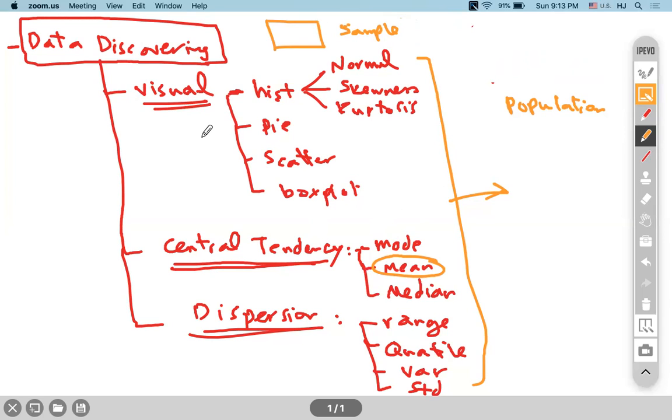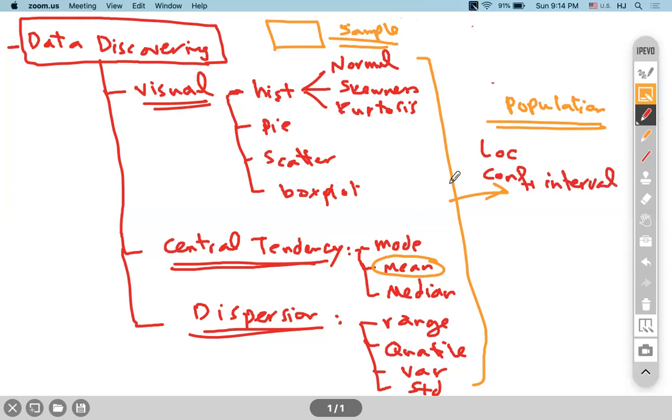How confident are we? And here we have the terms which we explained before. We have the level of confidence, if you remember. We mentioned another term, which was the confidence interval. So we use these terms to figure out if this mean which we calculated represents the population. So how confident are we?